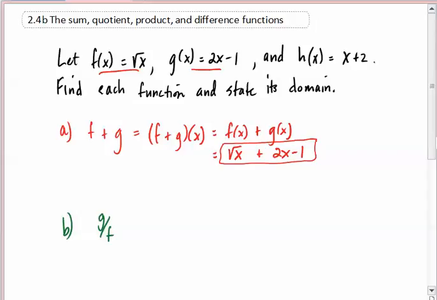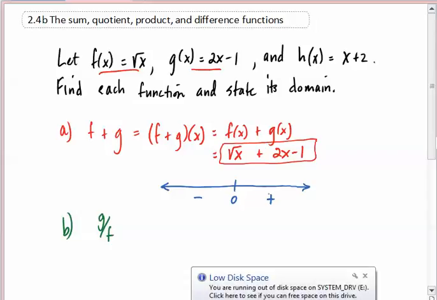I have a different way of working through this, so I'm going to recommend that when you're asked to state the domain and you're given the function in terms of x, you draw a stylized number line with just negative area, 0, and the positive area.